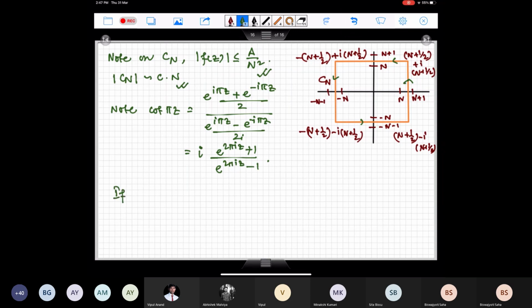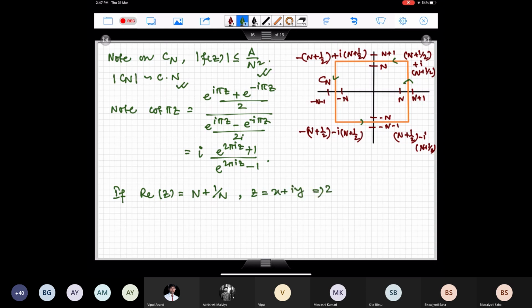So first of all, if the real part of z is equal to n plus half, I am saying that the x coordinate is n plus half. So that means I am on this line. So what is z? Z is equal to, let's say, x plus iy.